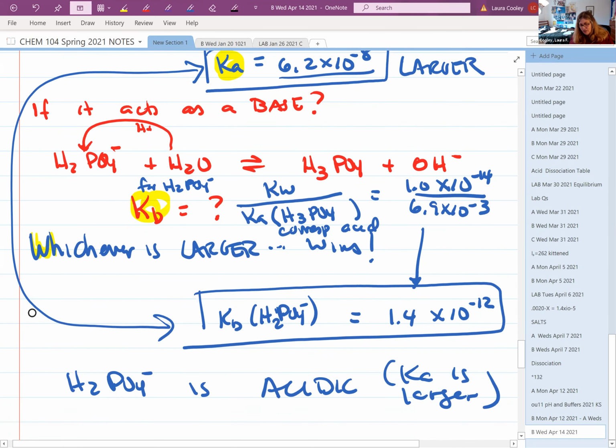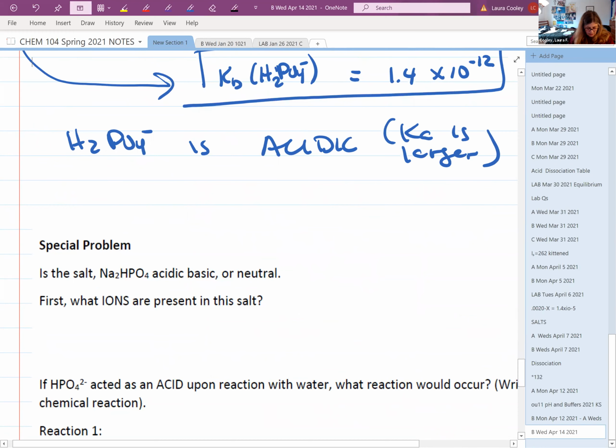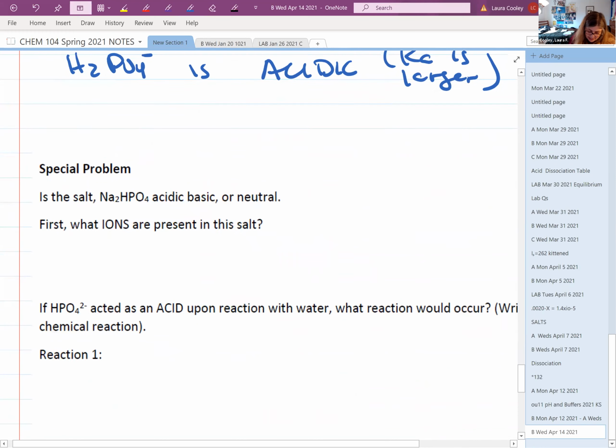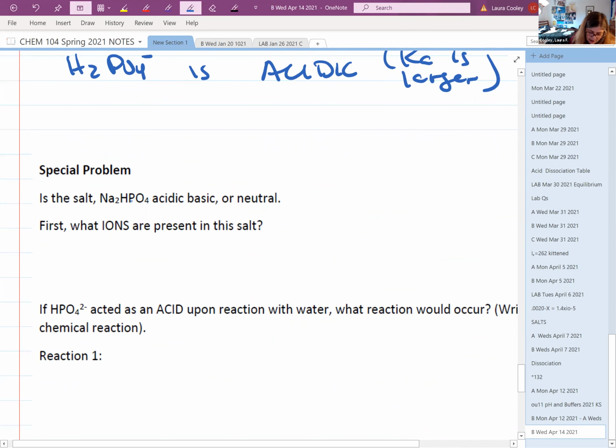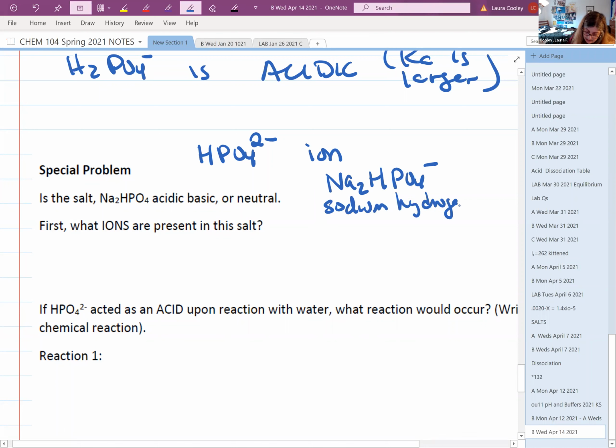Okay, so to figure out whether this is true for the other ion, Na2HPO4. All right, so suppose now we're looking at the HPO4 2 minus ion. Where would that ion come from? Well, it could come from sodium hydrogen phosphate. That's what this is called. You don't need to know that name.